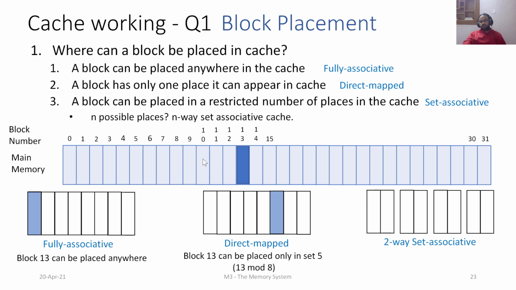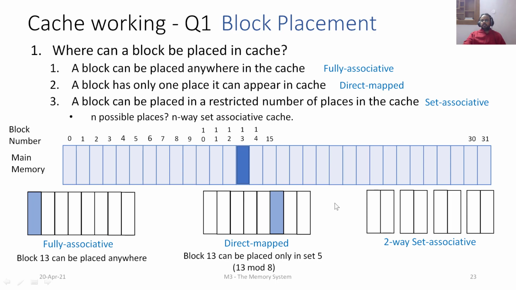So in the direct map cache, there is only one location for each of the blocks to be placed. And in fully associative cache, it can be placed anywhere in the cache, wherever a free space is found. And the set associative cache is a middle ground of both. Here we have a two-way set associative cache, and because the cache capacity is 8 here, the number of sets is 8 upon 2, which is 4. So two blocks form a set. Now how do we find out the set where block number 13 belongs?